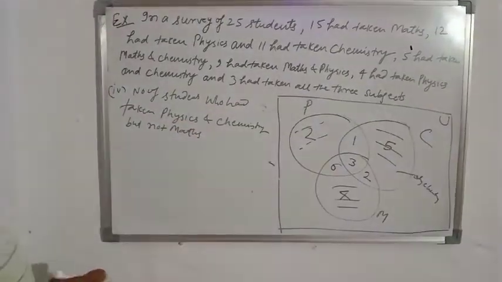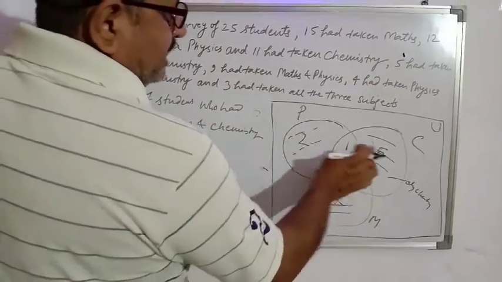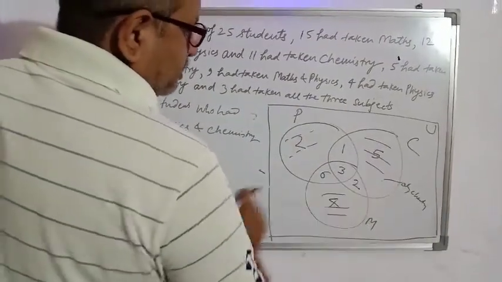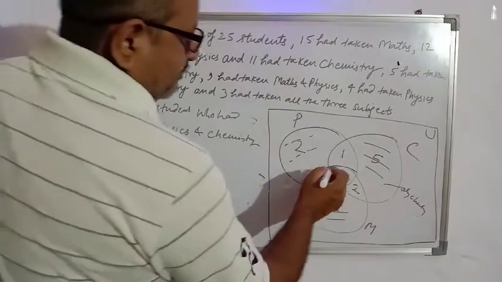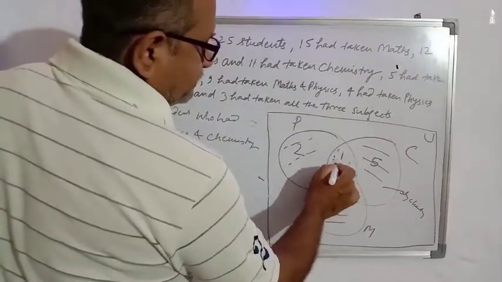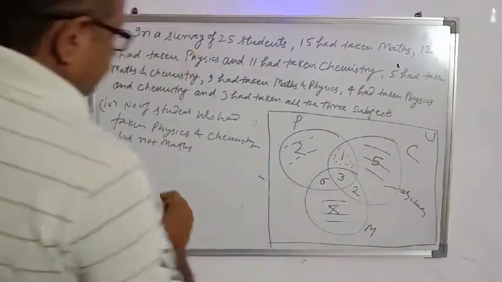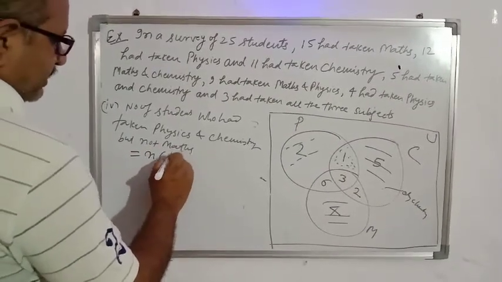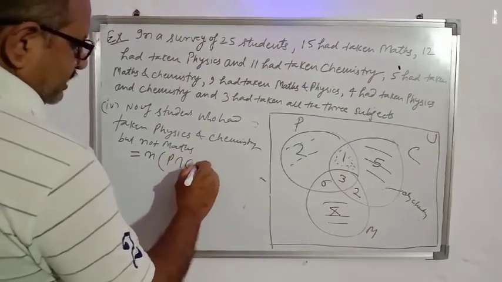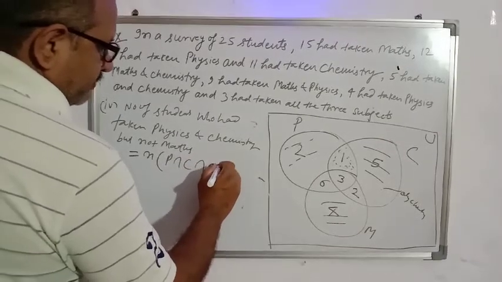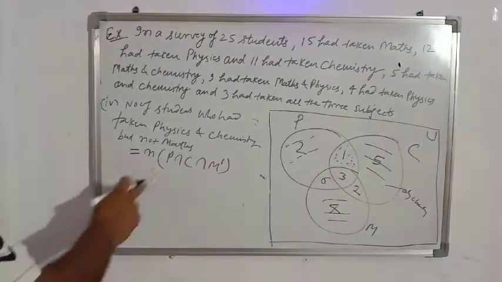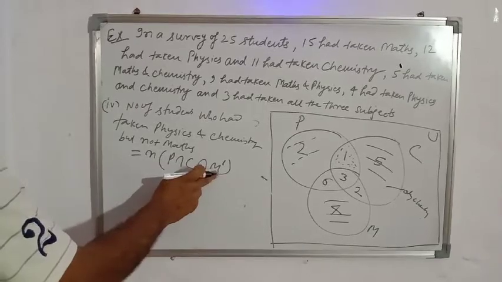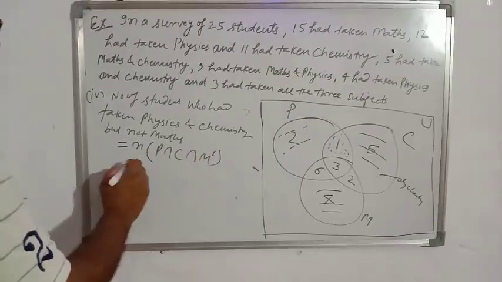It will be represented by this region, that is 1. So we represent it like this: N of physics intersection chemistry intersection complement of math. Physics and chemistry but not math. Not math means complement of math.